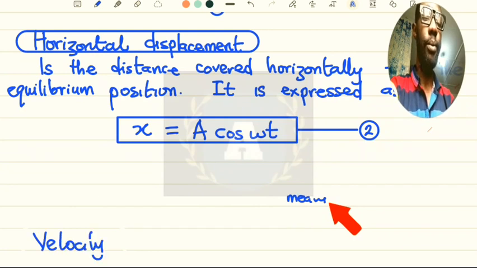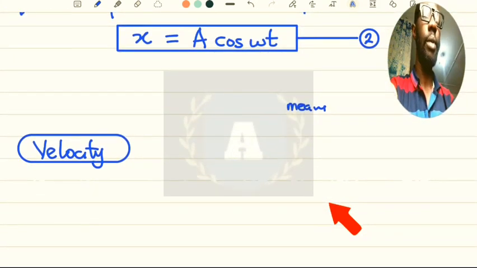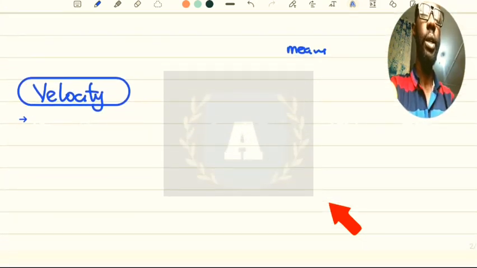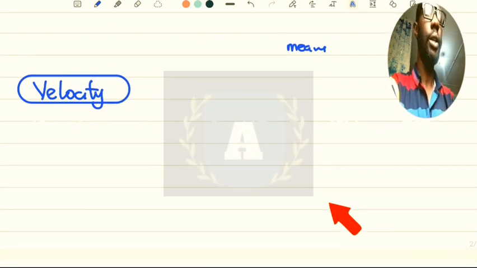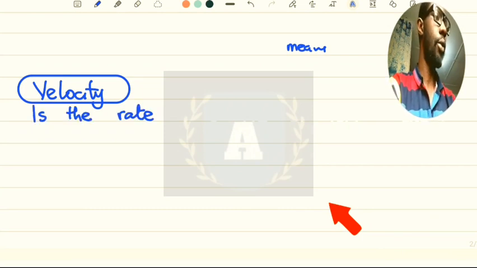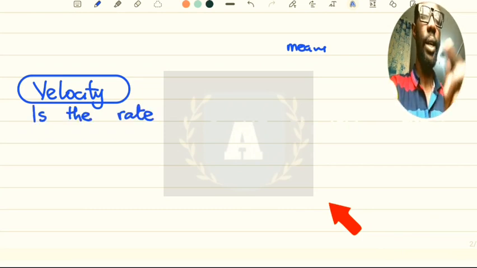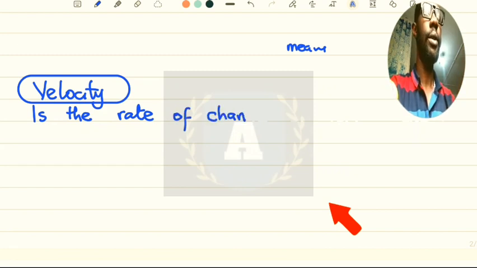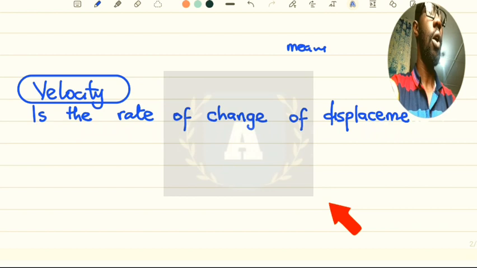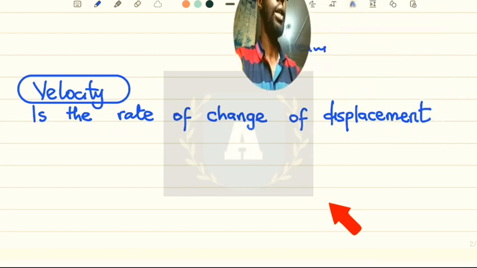Now the next terminology we use in describing simple harmonic motion is velocity. Velocity is defined as the rate of change of displacement. So how do we express that?